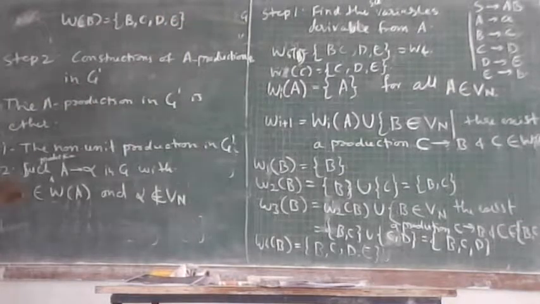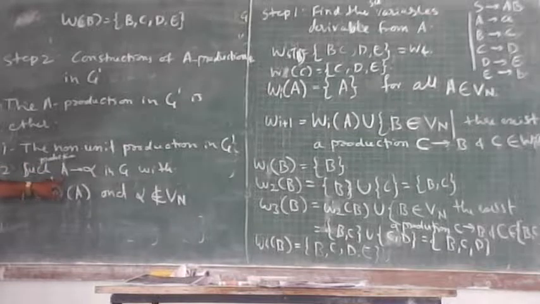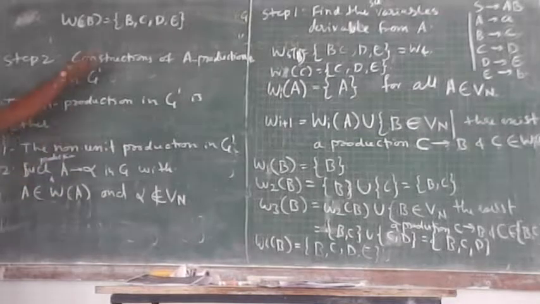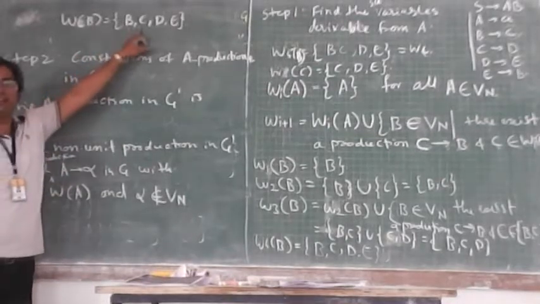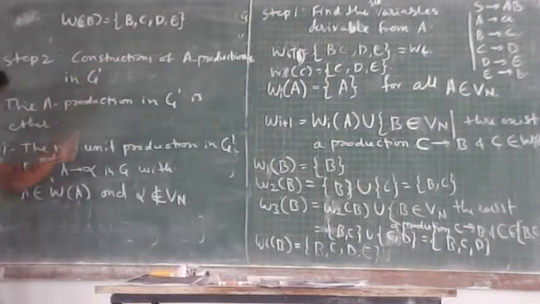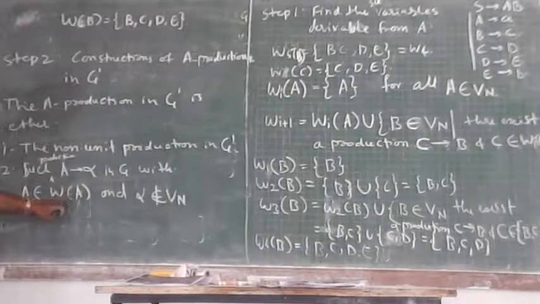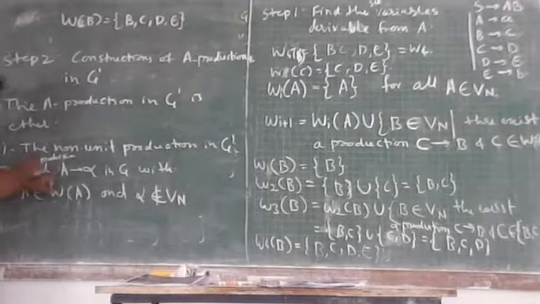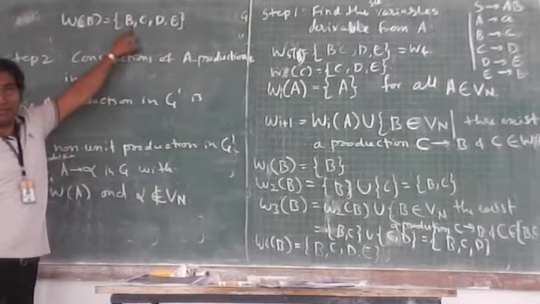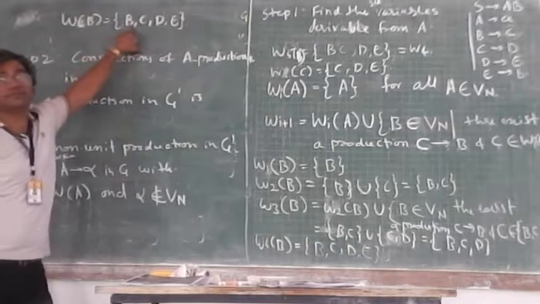Take one variable from this set, say A, one of A belonging to this W A. See that variable's production. Suppose in this case I am selecting B. See the B production.